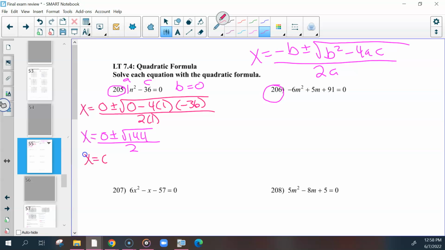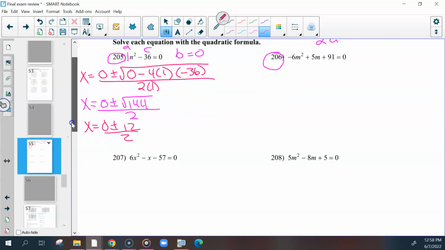So x equals 0 plus or minus 12 over 2. Then you're going to separate this into 2 different fractions. X equals 0 minus 12 over 2 and 0 plus 12 over 2.